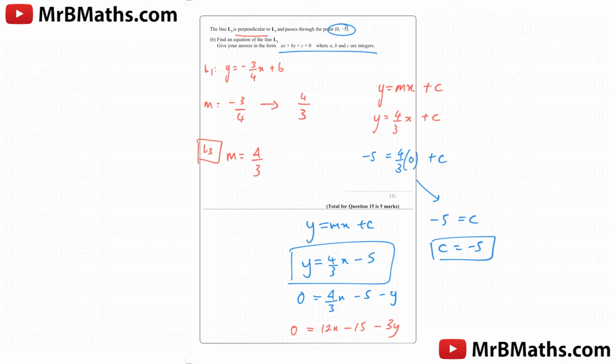Therefore, to arrange in ax plus by plus c, we end up with 12x minus 3y minus 15 equals 0. We did that to get rid of the fraction, because it mentions up here that they need to be in integers.